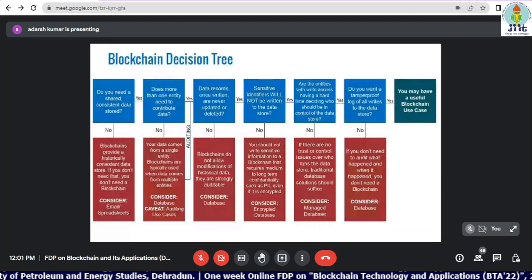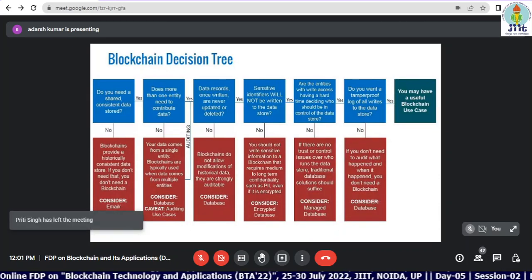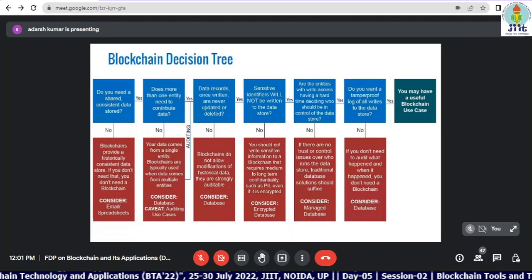Then, are sensitive identity identifiers not written to the data stores? If there is some sensitive, secret data, then we know that in blockchain networks attacks are possible. People are trying to steal your identities. Although we have integrated cryptographic primitives and protocols to make it more secure, those are also breakable.